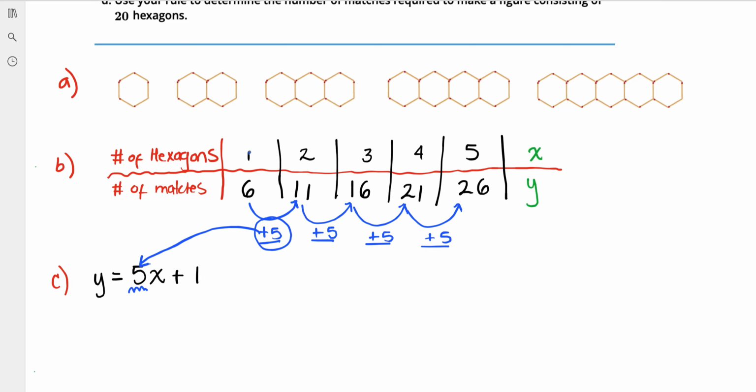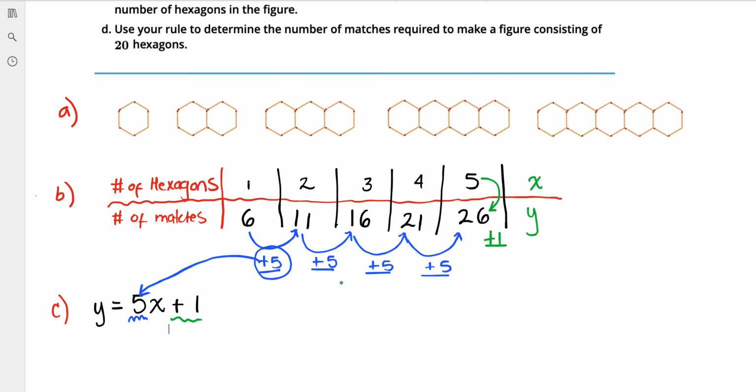I know that I'm adding 5, but at the beginning I had one extra match, the one that we're sharing later on. So I have to add that one. Then I checked downwards the relationship between hexagons and matches, and I decided that this was what I needed to do to adjust that rule. Wonderful, and this video is taking long.